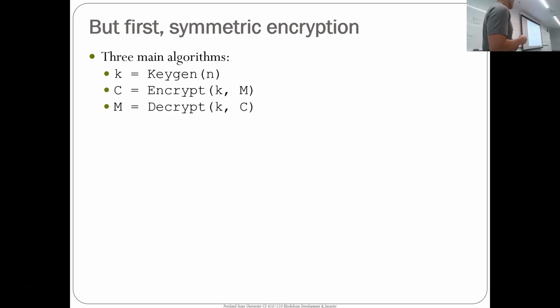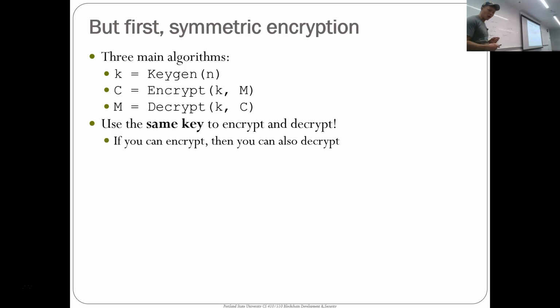And this key is the thing that you keep secret. Then if you have a message M and you want to encrypt it to produce a ciphertext C, you call the encryption algorithm with the key on the message, and it generates your ciphertext. For a symmetric algorithm, to decrypt this, you take the key and the ciphertext, and that produces the clear text. So you're using the same key to both encrypt and decrypt.